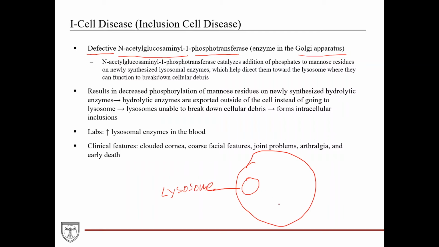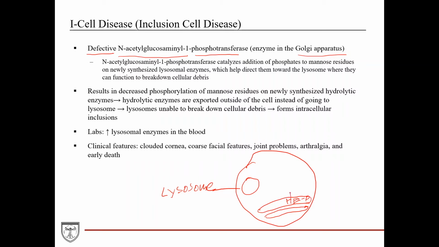And so what this enzyme does is that it works in the Golgi to catalyze the addition of phosphate to mannose residues. So let's draw out the Golgi here, and if you remember, it kind of has a pancake stack appearance to it. And it really is responsible for processing newly synthesized enzymes and proteins. So you remember you have hydrolytic enzymes, so we'll abbreviate that HE, and they get phosphorylated in the Golgi by this enzyme.